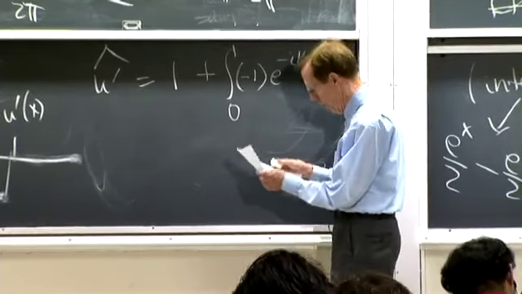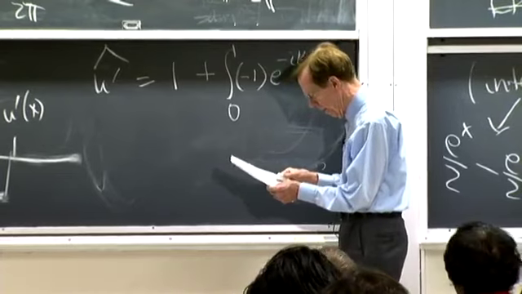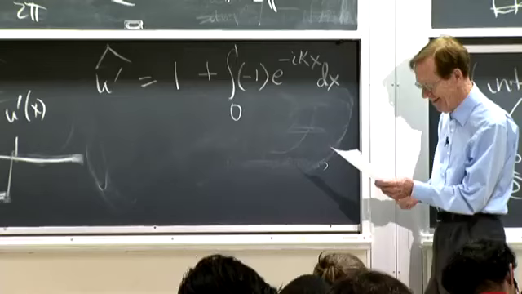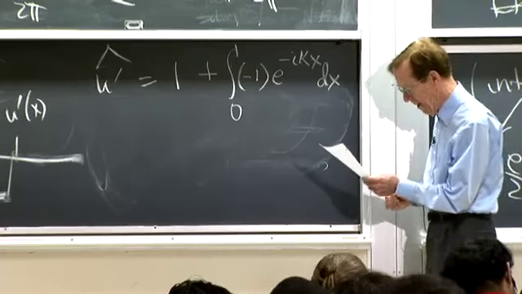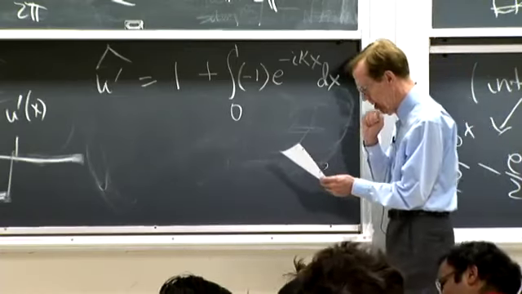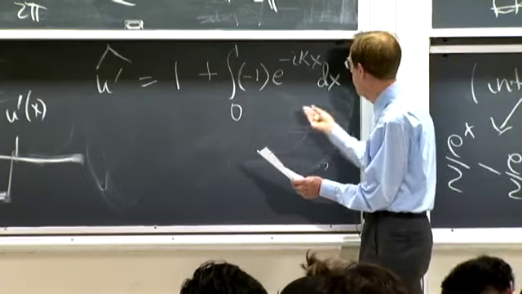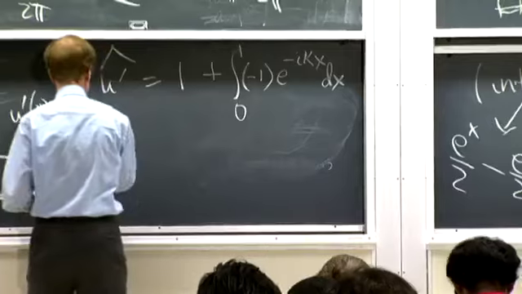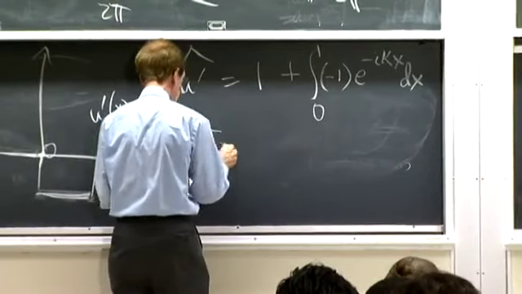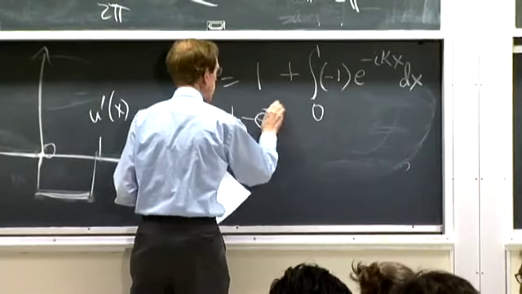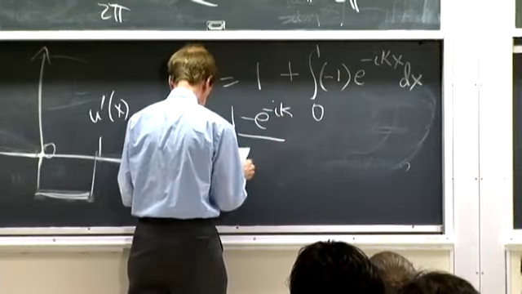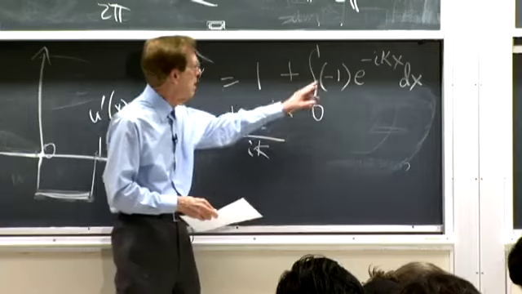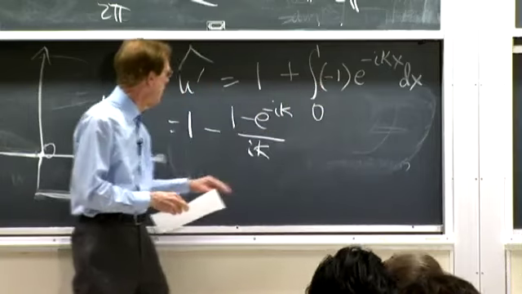This expression is familiar. It's 1 minus e to the minus ik, over ik.